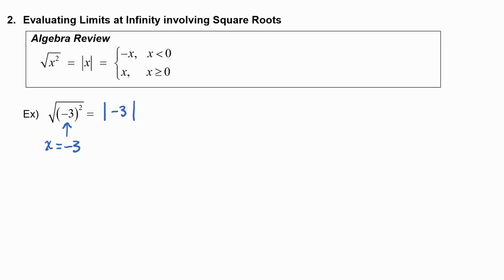Now, applying the piecewise definition, because our value for x is negative, we're using this top part of the definition, and the absolute value of -3 will then have to be the opposite of our x value, which is -3, and the opposite of -3 is 3.